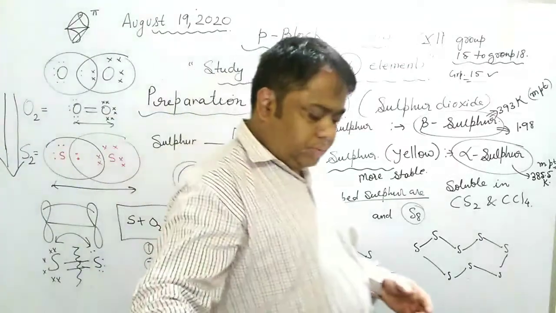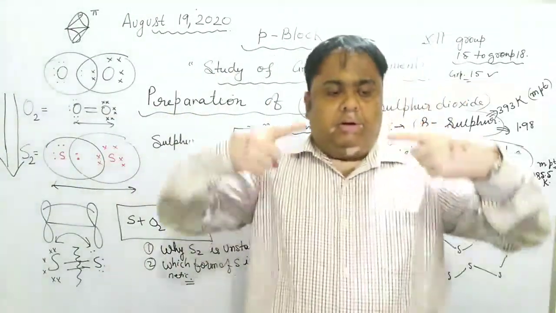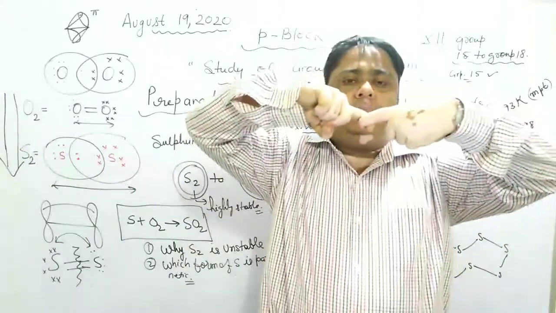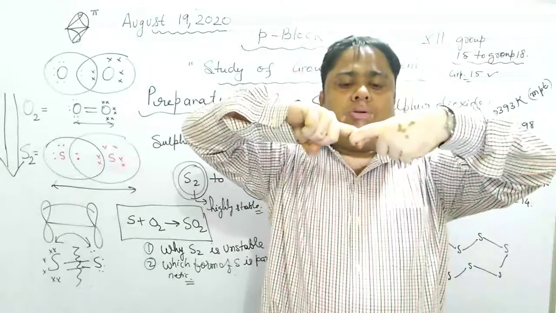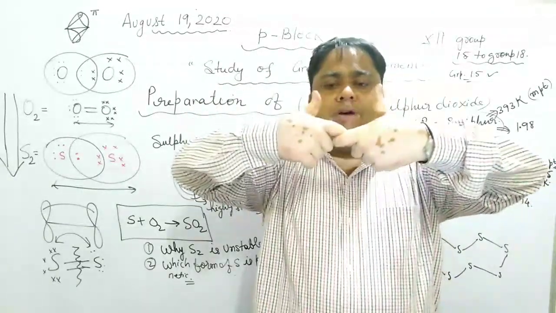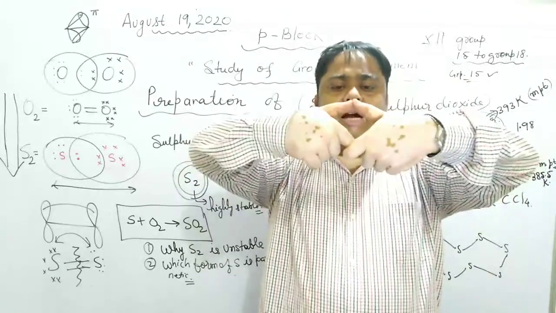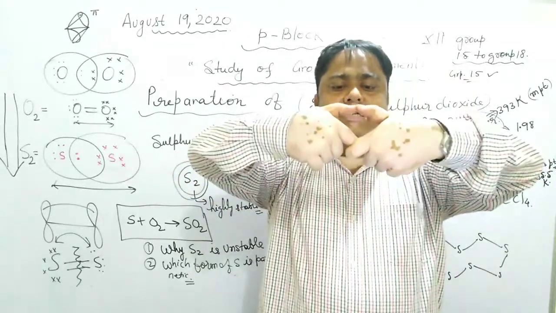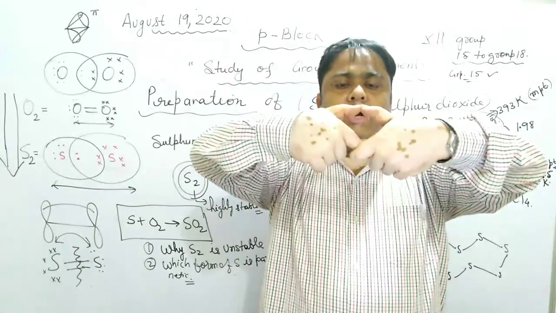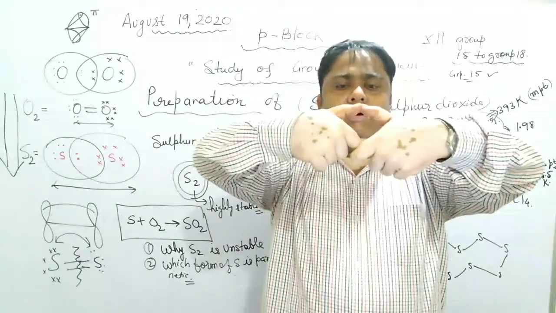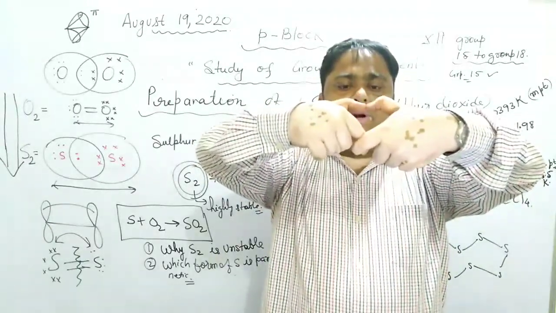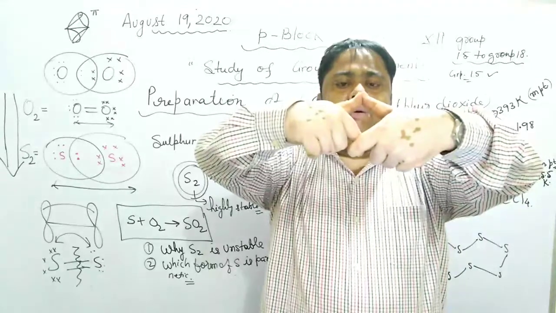For example, if these are two p orbitals and they come close to each other forming one strong sigma bond, and these two are the py and py, they can come close and form lateral overlapping. As a result, two covalent bonds can be formed: one is pp pi bonding and there is pp sigma bonding.